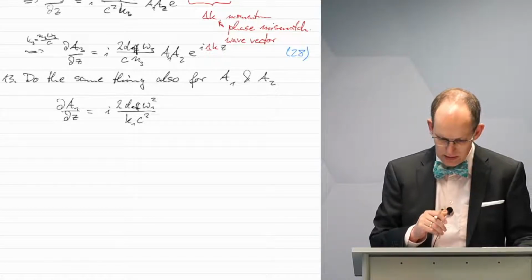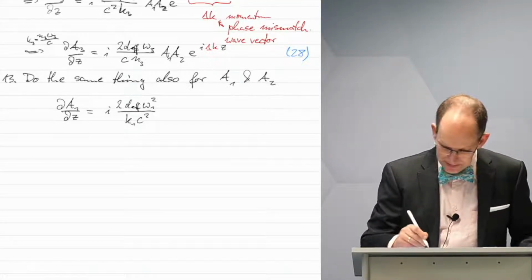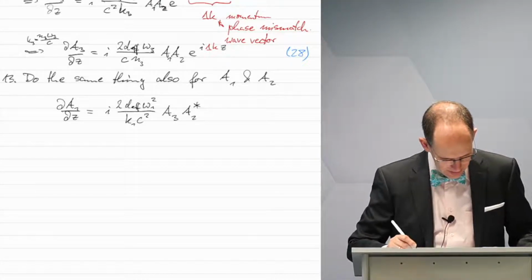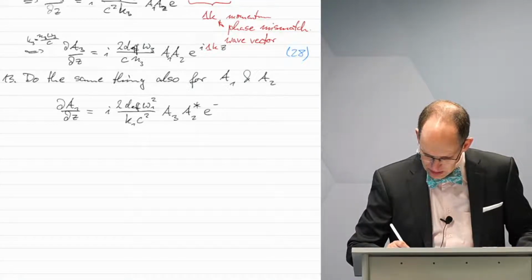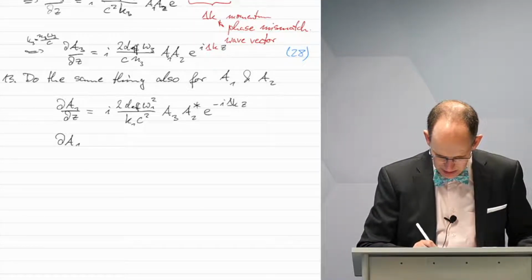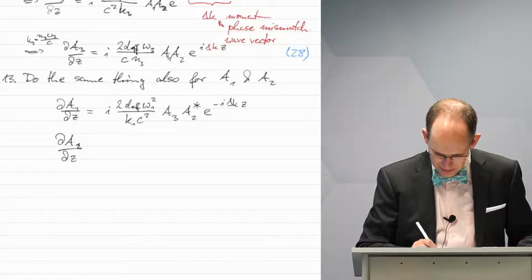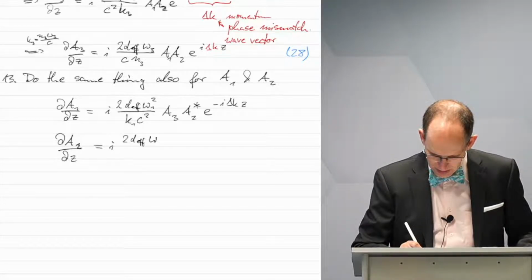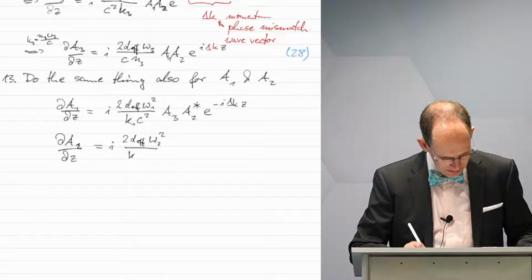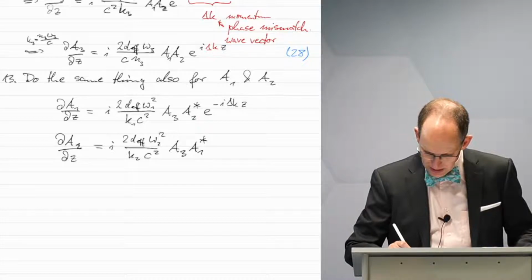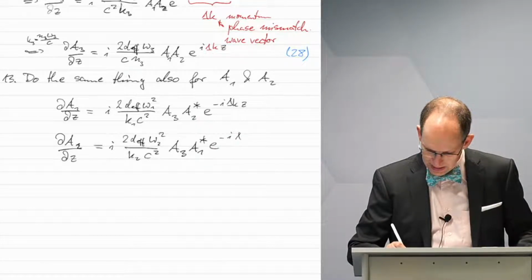I'm not sure why I write k1 again, but never mind. Then we have A3 and here A2 star, and e to the minus i delta k times z. Then the next one, the derivative of A2, this is i times 2 times the effective nonlinearity, omega 2 squared divided by k2 c squared, A3, A1 star, e to the minus i delta k times z.